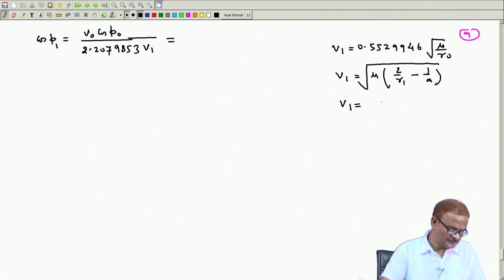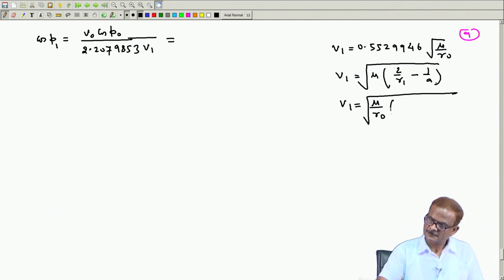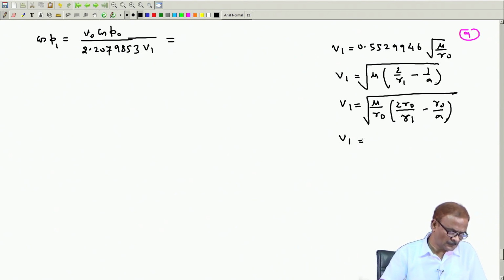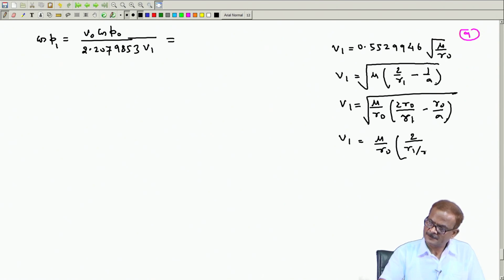We take mu by R 0 as common: under root of 2 R 0 divided by R 1 minus R 0 by A. So this is mu by R 0 times 2 divided by R 1 by R 0 minus A by R 0; we will just take the inverse of that and get the result.